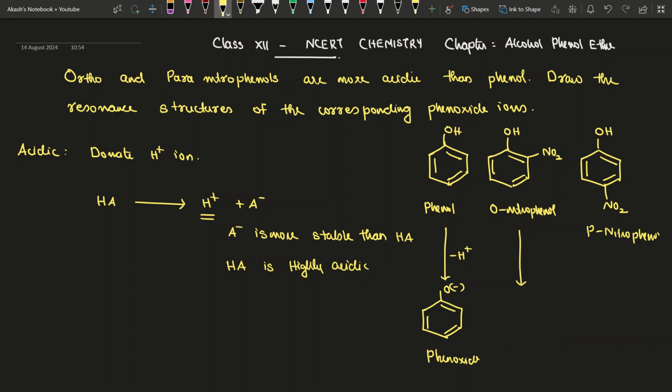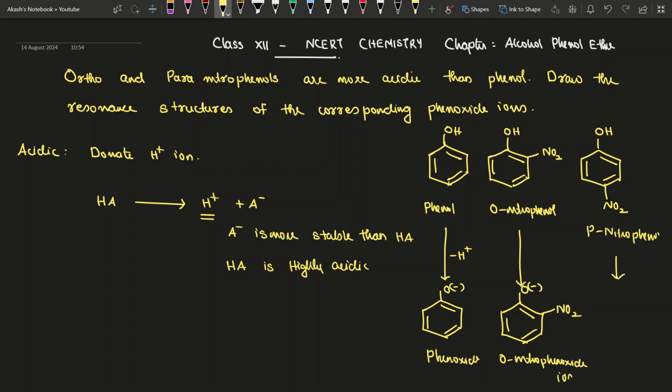Then when you're considering the case of ortho nitrophenol, by donating an H plus ion, it will become the ortho nitrophenoxide ion.